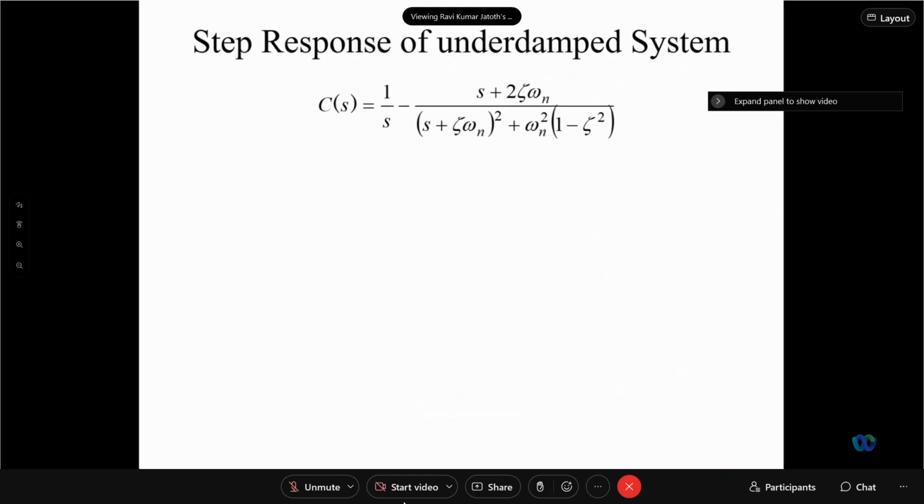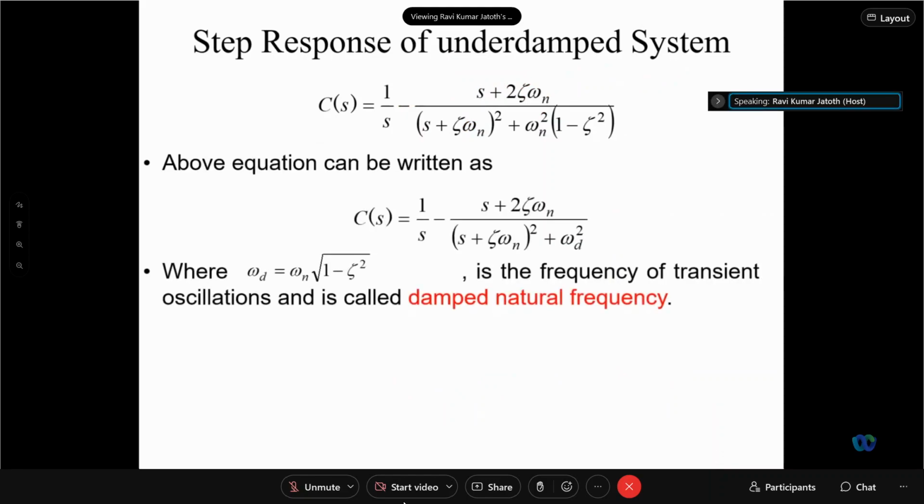Now, if we try to write this again as omega n square into 1 minus zeta square. We wrote omega d as omega n into under root 1 minus zeta square, so we can write it as omega d square, no? Yes, sir.